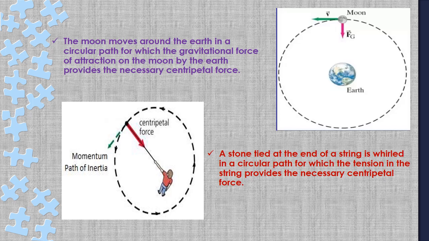So this tension force, which is acting towards the center of the path, provides the necessary centripetal force, due to which the stone is able to move in a circular path. So from these examples, it is clear that centripetal force is the only force which is required for circular motion.